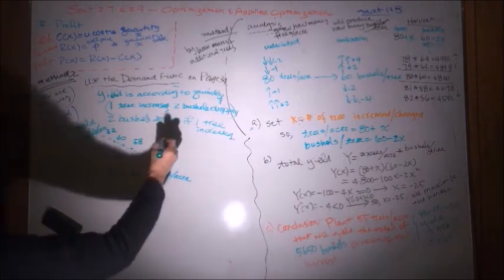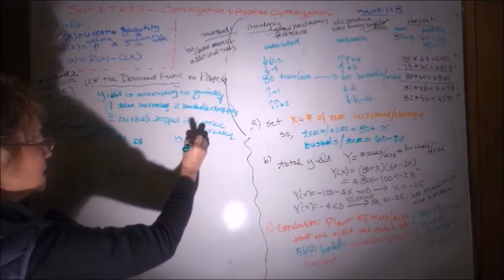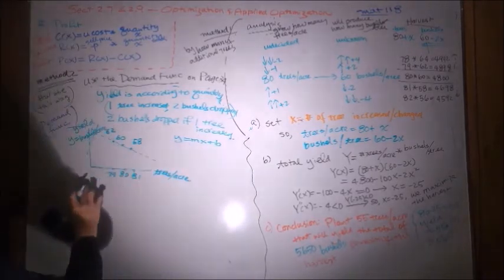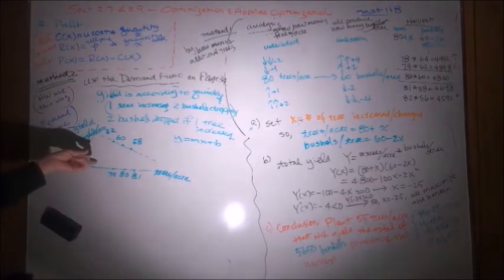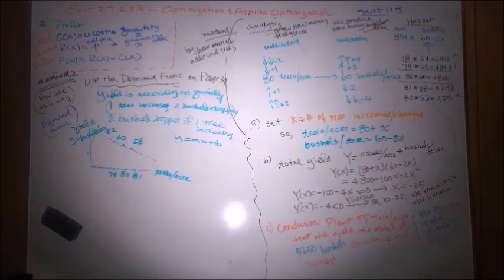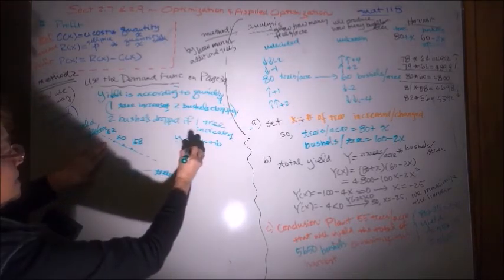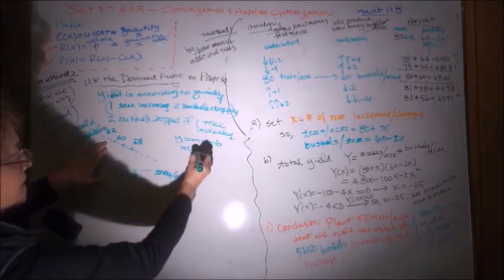So the demand function is written this way, y equals mx plus b, right? If you write this linear graph, then you can derive the m and b. What's m? M is the difference in y.